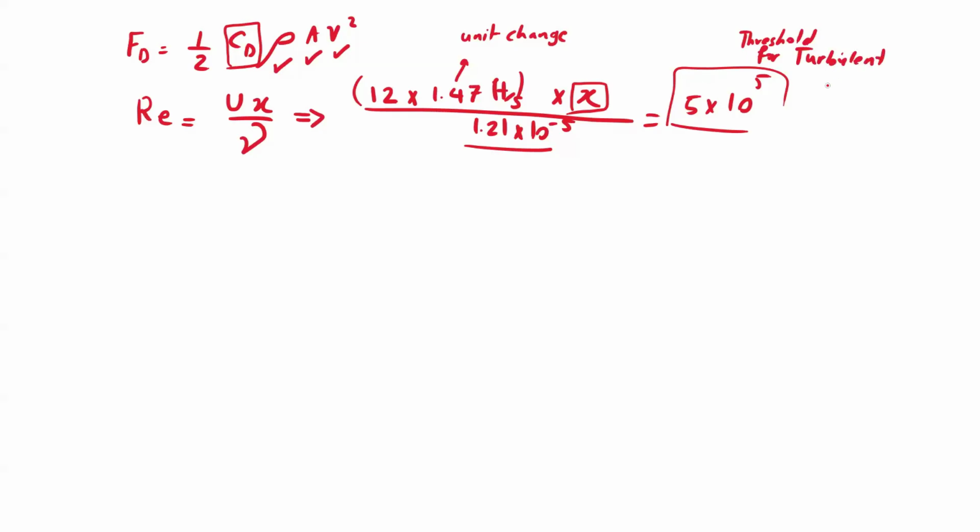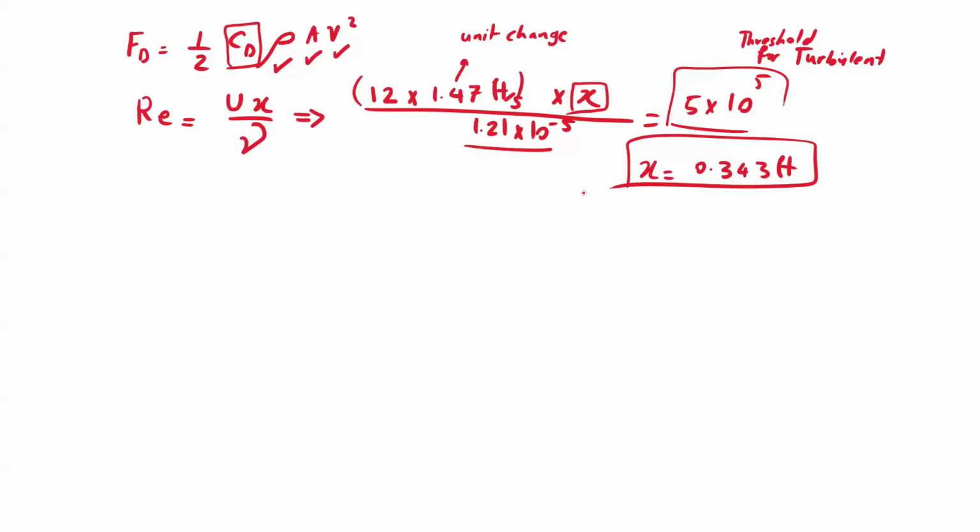So first, I will assume that my flow is turbulent, okay? And see what would be the x, what would be the length. If I find x, x is going to be 0.343 feet, which means that if my length or the dimension that I'm working with is more than this number, I'm in turbulent.